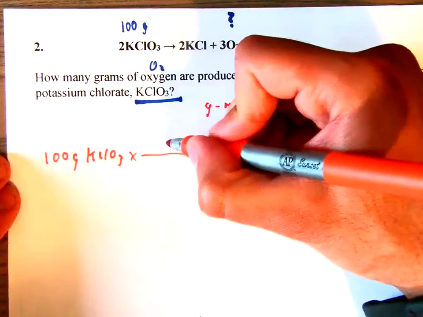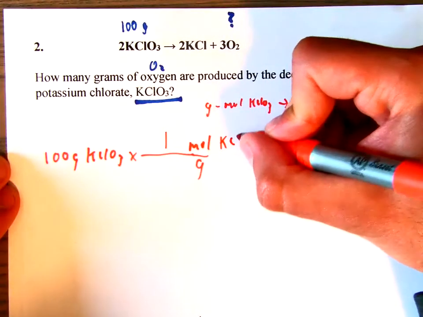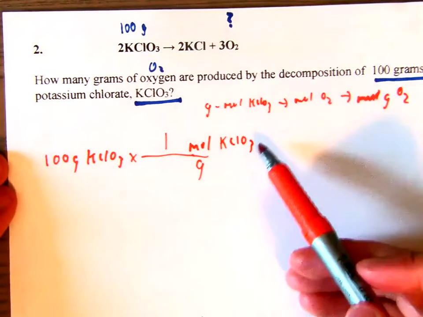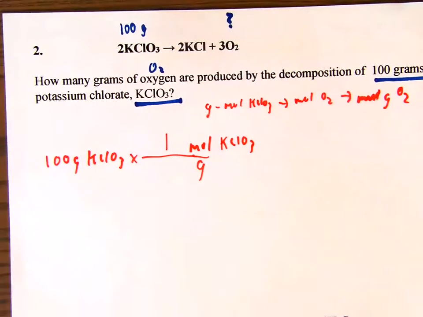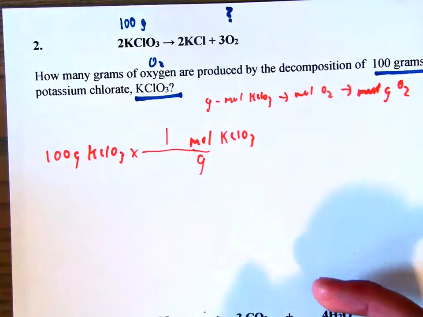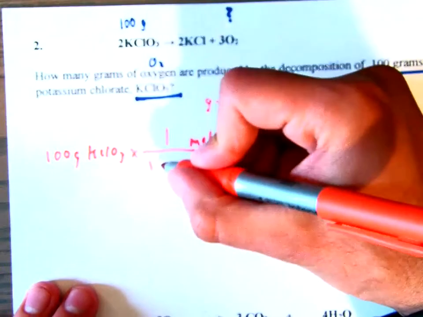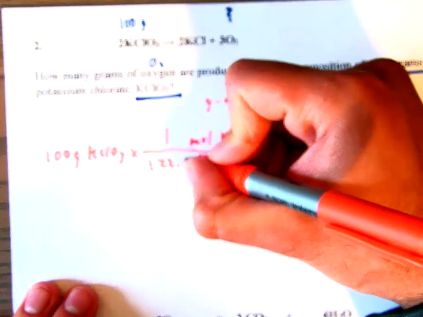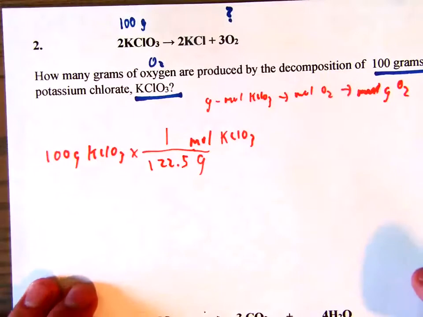I use 1 mole of KClO3. I'm not going to go over how to find the molar mass for that, because we should be able to find molar mass. Essentially we would add those all up. But I'm just going to do a quick Google search to give me that molar mass. It's going to be 122.5, which we could have rounded to 123.